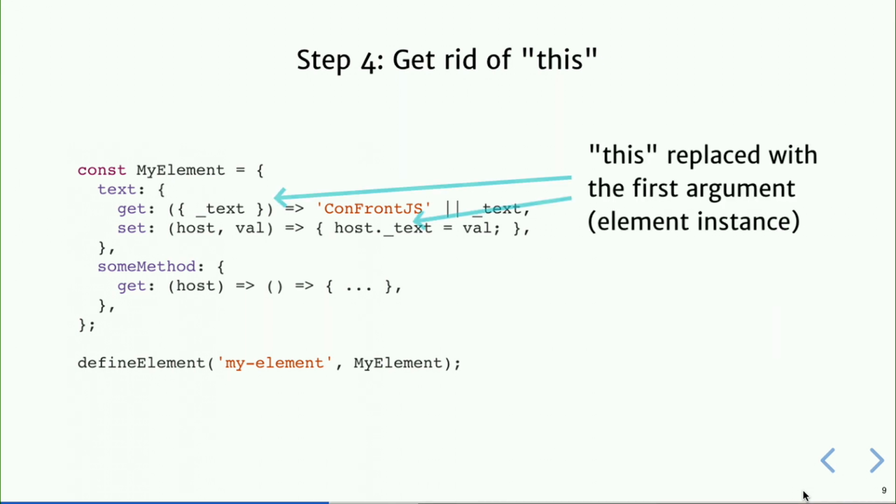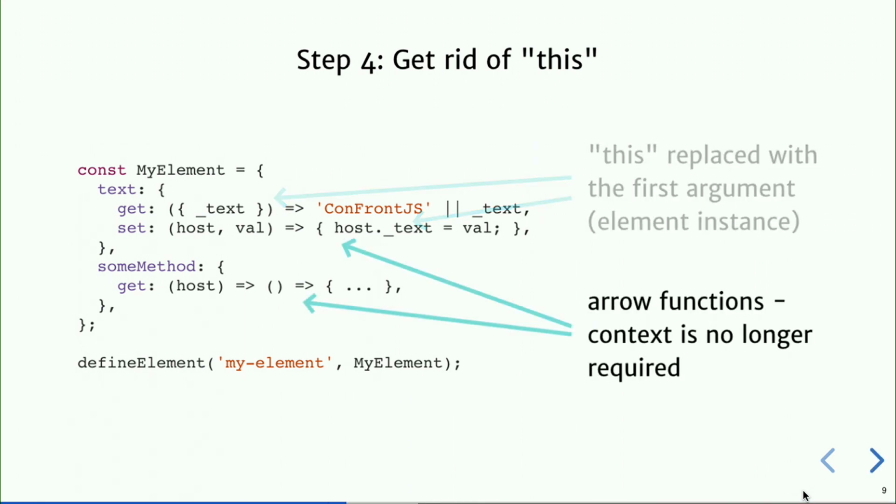For now, we are using this as the first argument of the getter and setter. Because we can. We can define the property with our function, which will call these methods. So we can just switch and use the instance of this element as the first argument. You can see that we are using destructuring, and also we can use arrow functions because the context is no longer required.